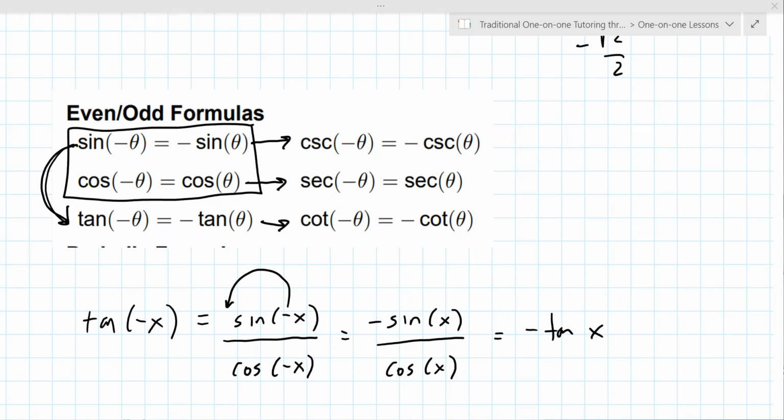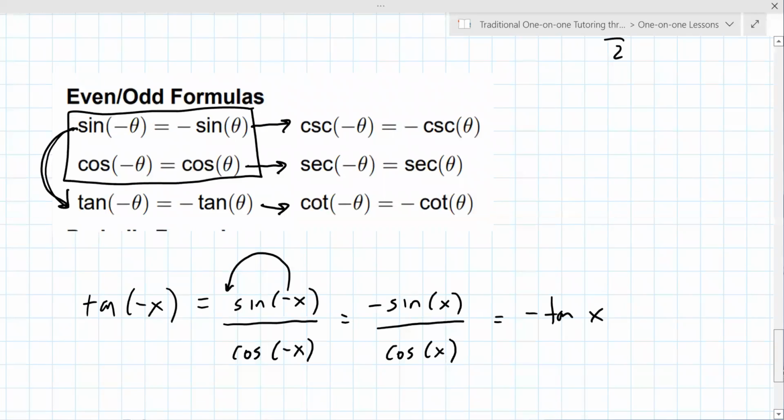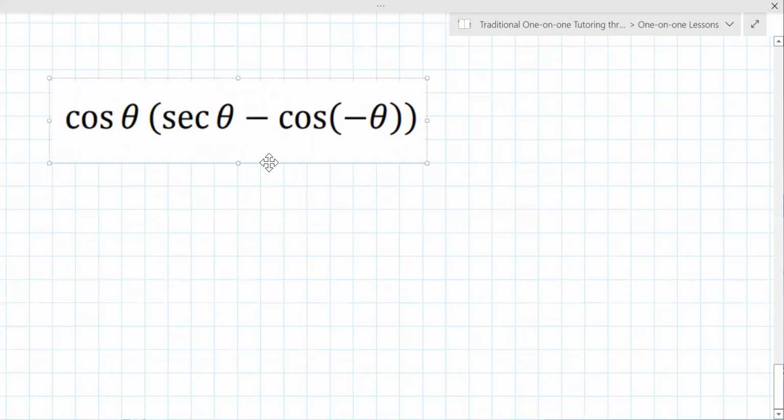All right, here we go. So here's a problem I found that might be useful to understand what we're doing. It says to simplify the following.